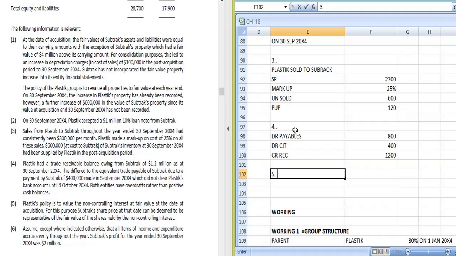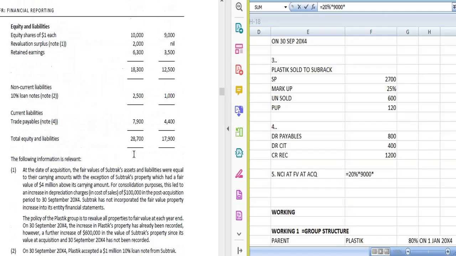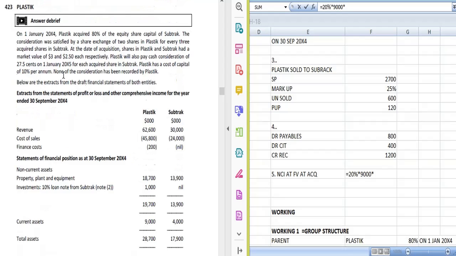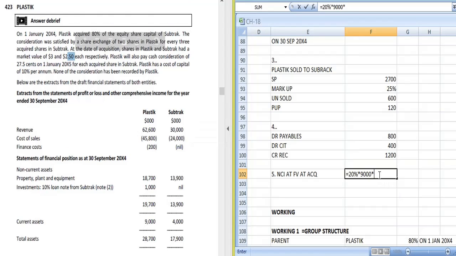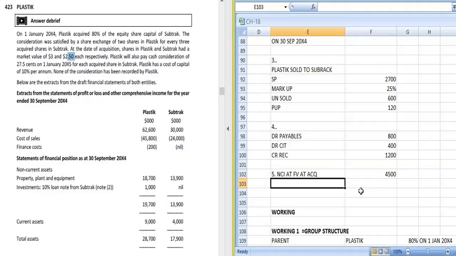So here the NCI at fair value at acquisition equals 20% into the total number of shares of subsidiary, which is 9,000, already given, and we will multiply with the market price of subsidiary, which is given in the question above, here 2.50. Okay.